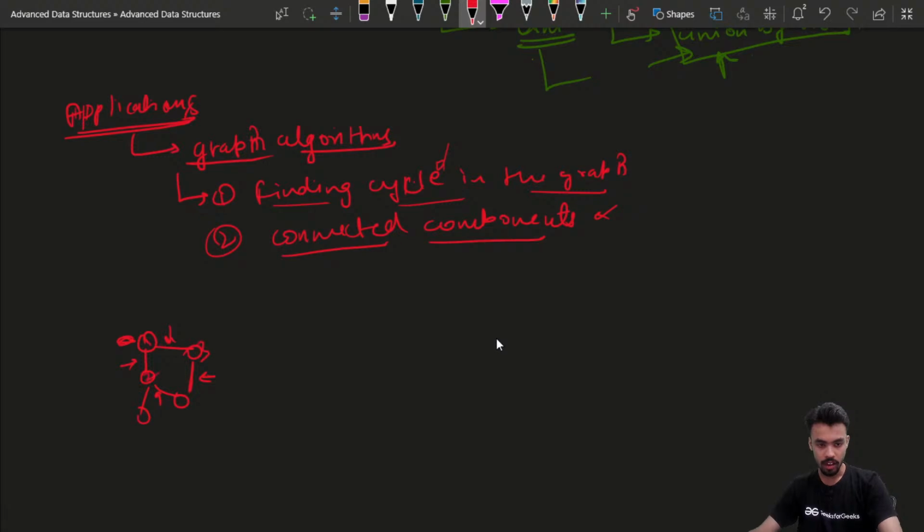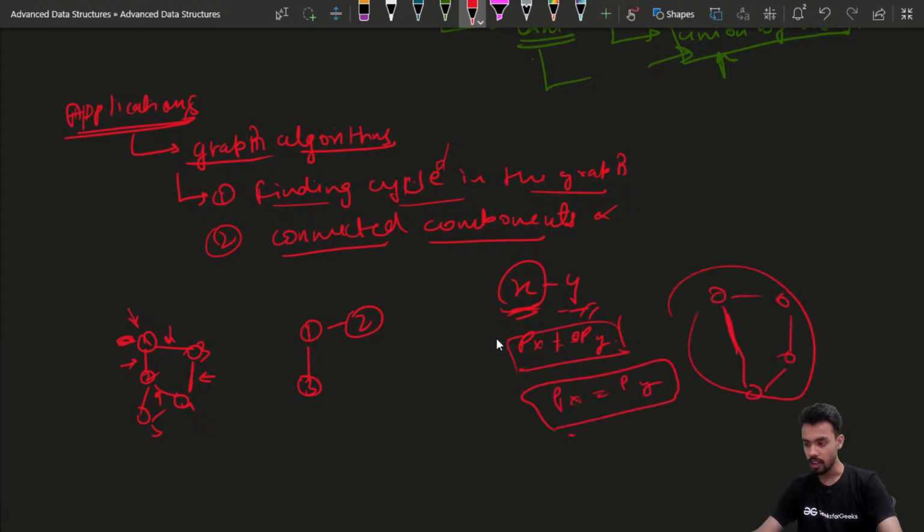First you have added an edge between 1 and 2, then you have added an edge between 1 and 3, and while adding an edge you can check, suppose you are adding an edge between x and y, what is the parent of x and what is the parent of y. Suppose px and py are the parent of x and parent of y. If these two are not equal, you can say that yes, we can add the edge. But if these two are equal, that means they already belong to the same group and they are already connected by some means. And if you are again adding some edge, then this would form a cycle.